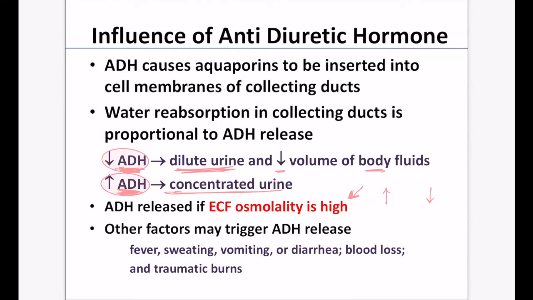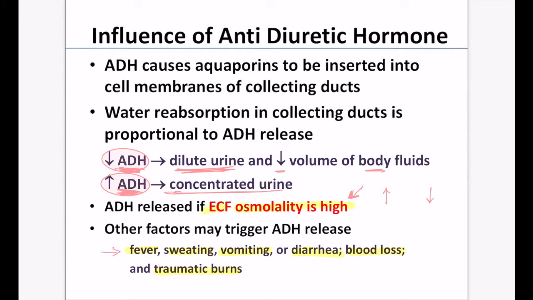Another triggering factor for ADH release is simply anything that will cause water loss. This includes fever, sweating, vomiting, diarrhea, blood loss, and traumatic burns. What's common between all of these is water loss. You don't even have to wait until you have an increase in your extracellular fluid osmolarity to respond by increasing the ADH levels.